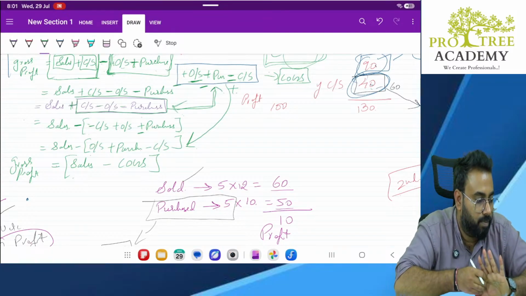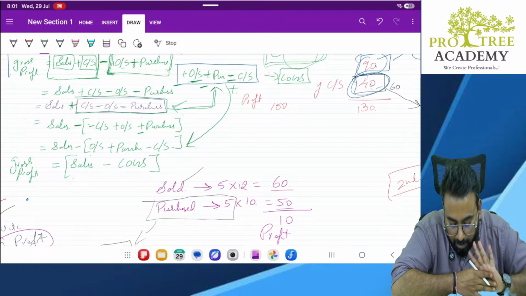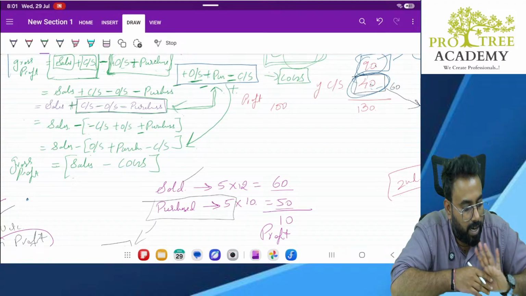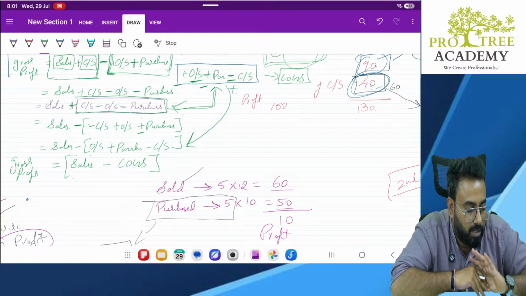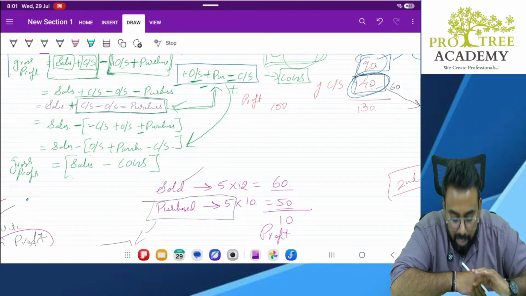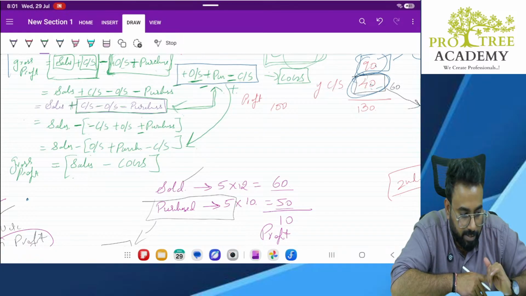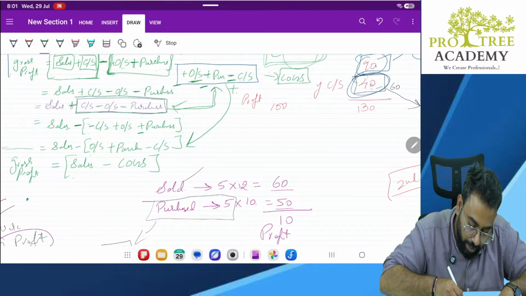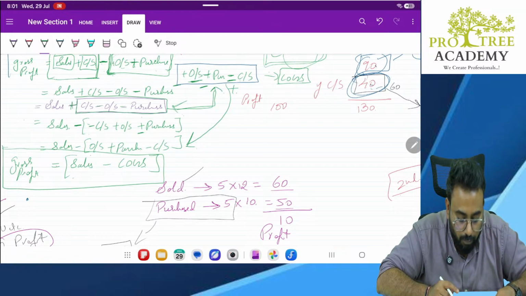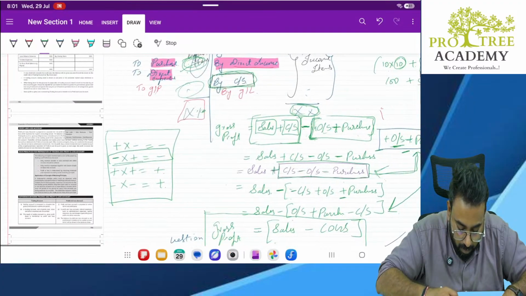So don't memorize the formula, understand the logic. I don't want you to memorize the formula. So gross profit can also be calculated using sales minus cost of goods sold. Am I clear? Yes? Okay.